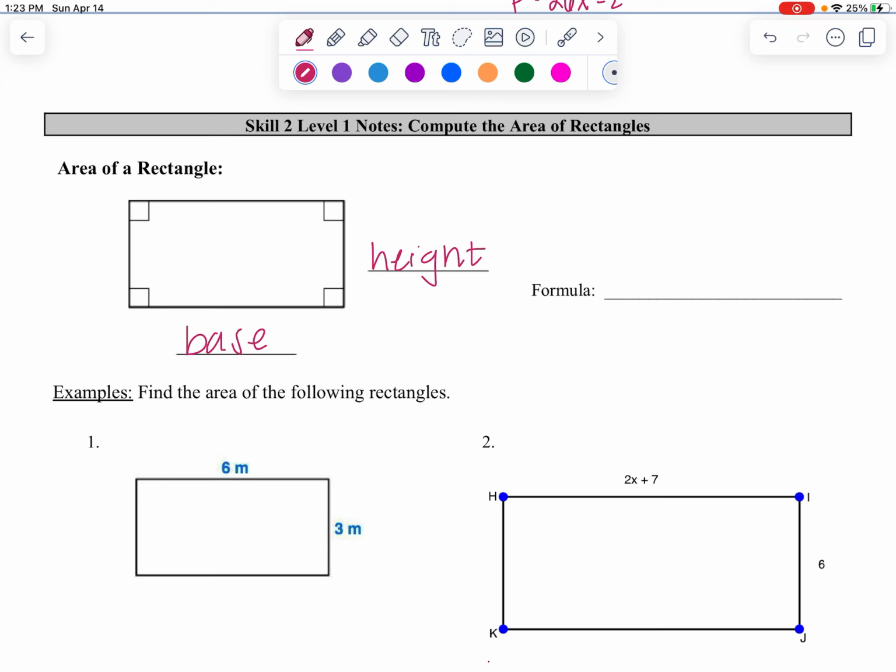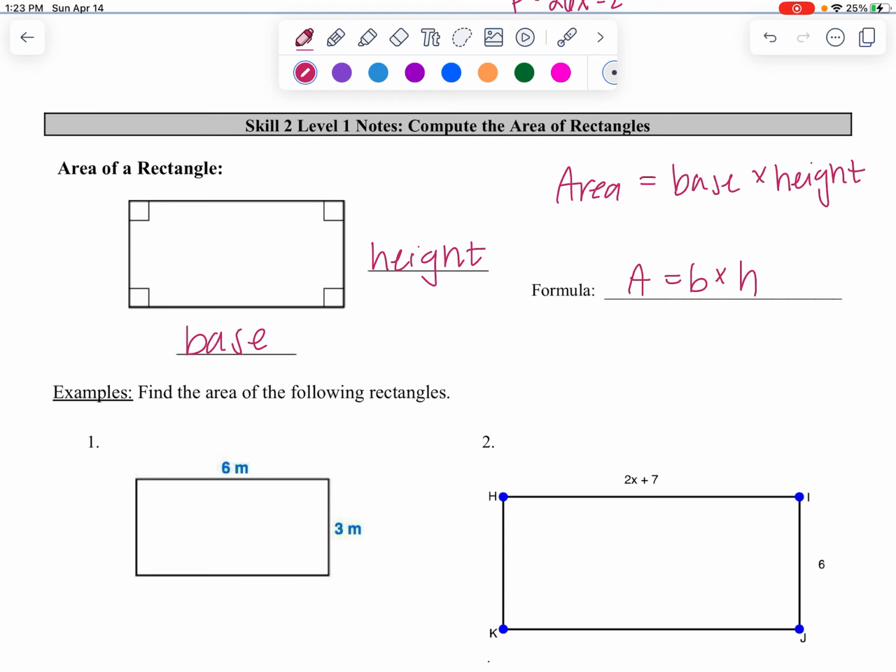To find the area, we're going to say our area is equal to the base, whatever that measurement is, multiplied by the height of our rectangle. And if we abbreviate this even more, you're going to see this all the time: A is equal to base B times H for height.